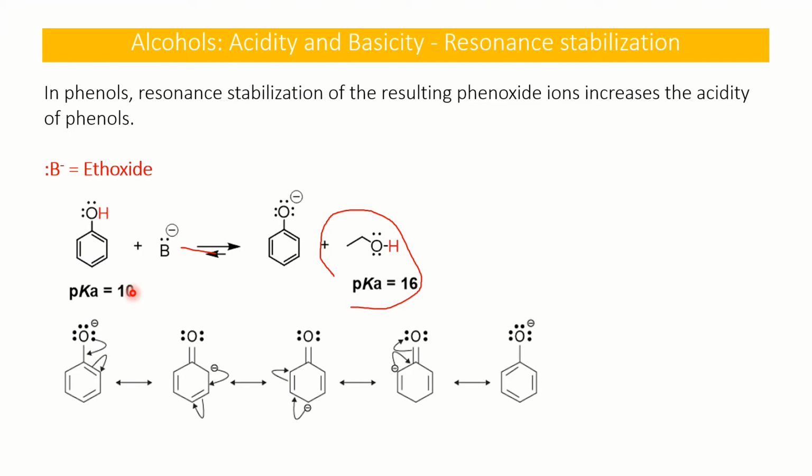And the reason for this is that the phenol, once deprotonated, gives you the phenoxide, which is stabilized by resonance. In the alkoxide, the lone pair on this oxygen, this negative charge that results when we deprotonate, sits solely on that oxygen, so it's not very stable.